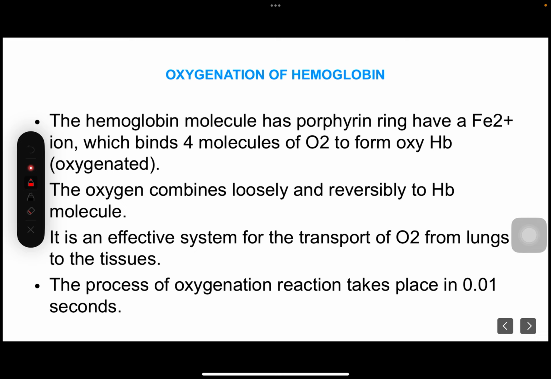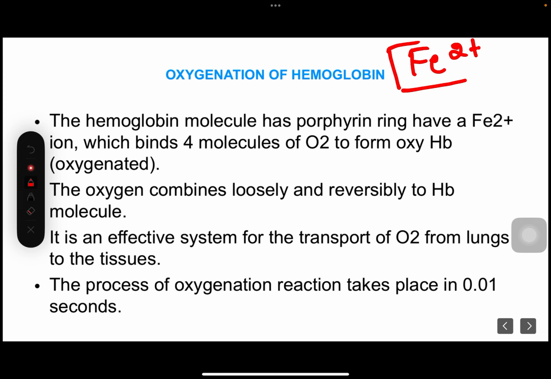the hemoglobin in our RBC has a porphyrin ring, and within that porphyrin ring iron is there in Fe2+ form. Whenever hemoglobin is undergoing oxygenation, this iron maintains its form, it doesn't change, it remains as it is.